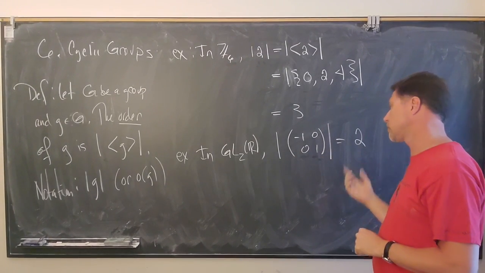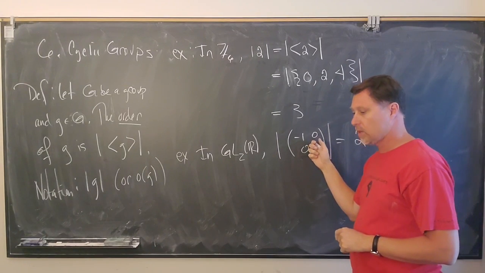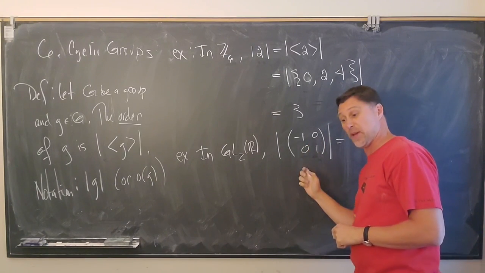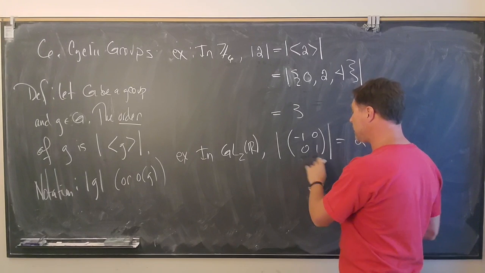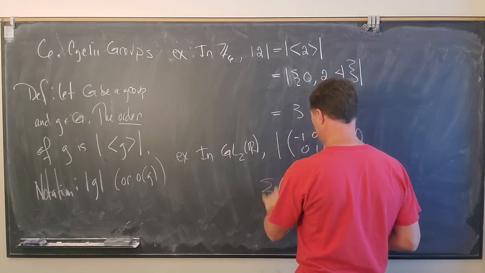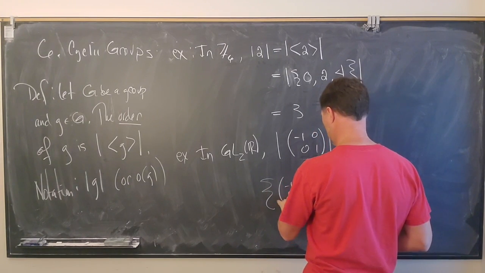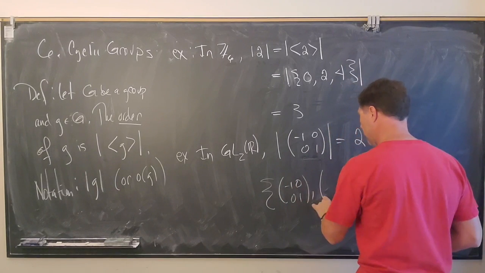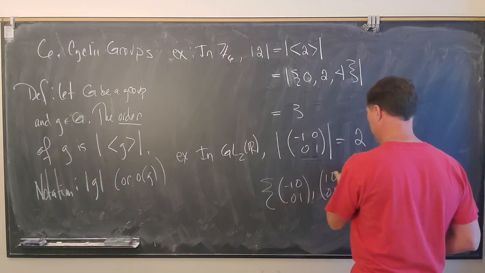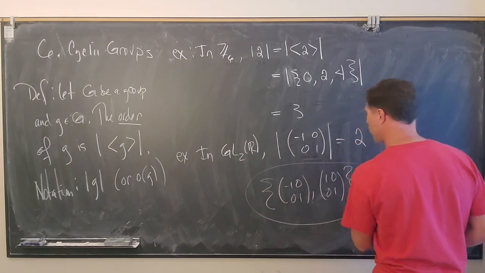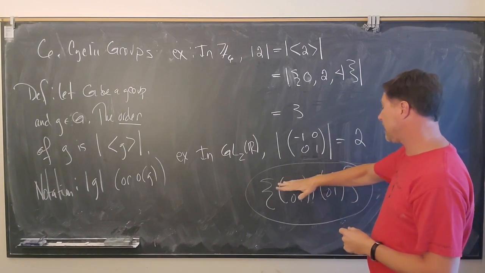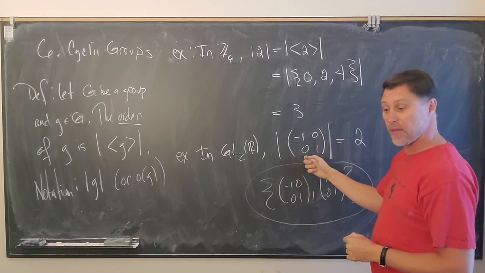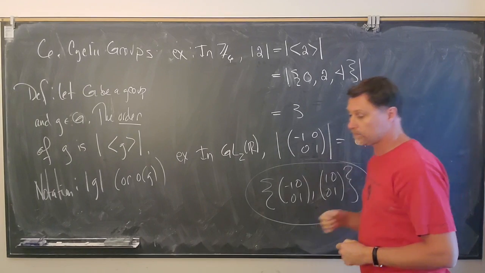And if you raise it to the 3rd power, you'll get this matrix again. And so the elements in this subgroup are exactly the matrix itself and the identity matrix. This is the subgroup generated by that matrix, so its order is 2.